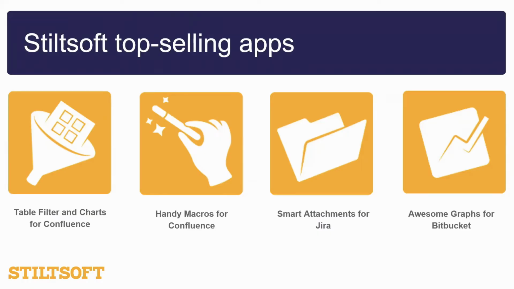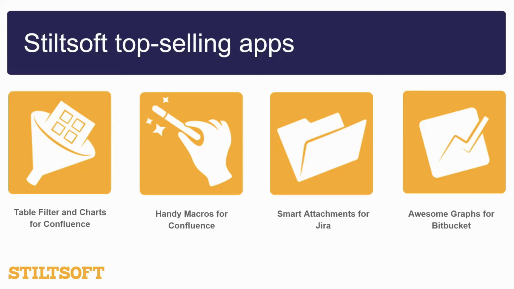Here you can see some of our top-selling apps. Maybe you're using some of them right now, or maybe you've heard of some of them. Table Filter and Charts for Confluence can be used for data filtration, aggregation, and building charts and dynamic tables in Confluence. Handy Macros for Confluence, which will be covered in detail a bit later, is great for making your Confluence interface interactive.